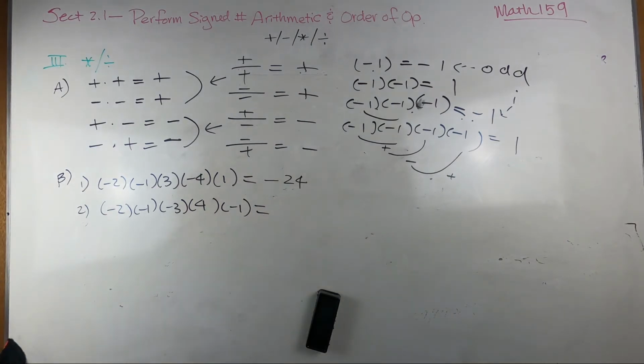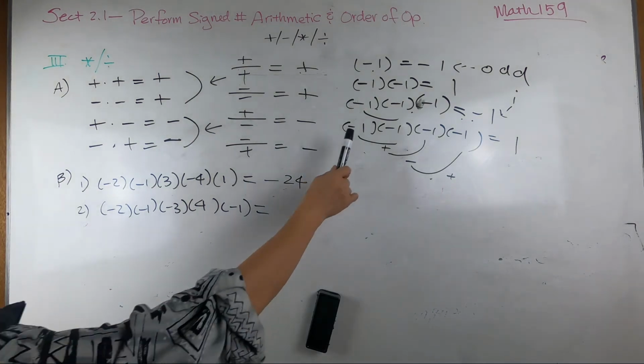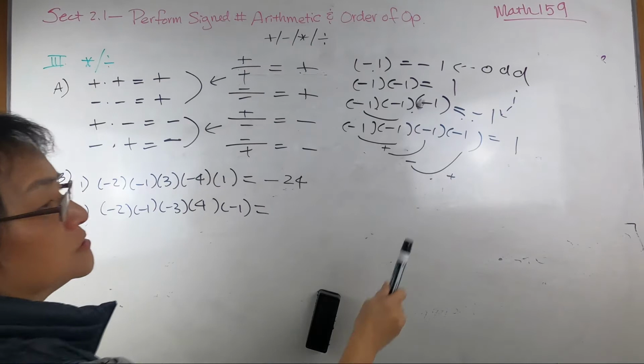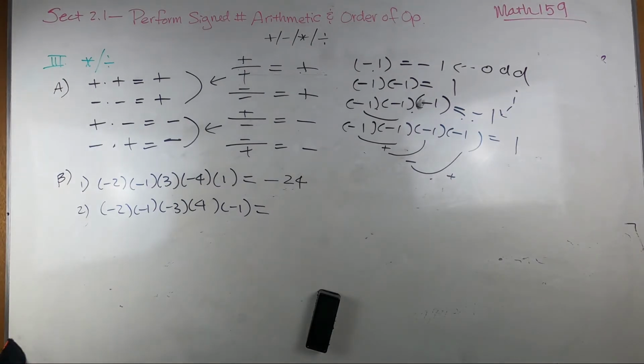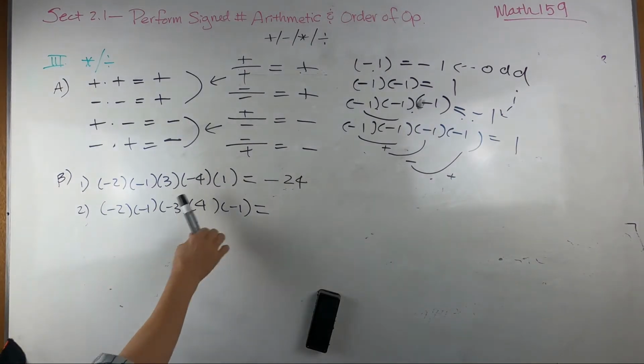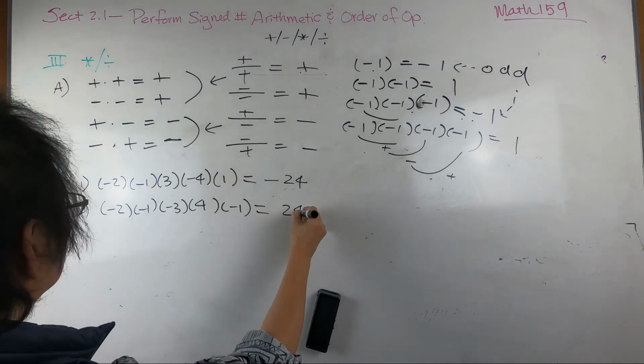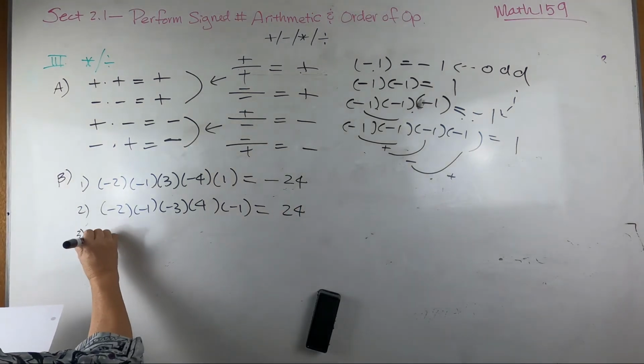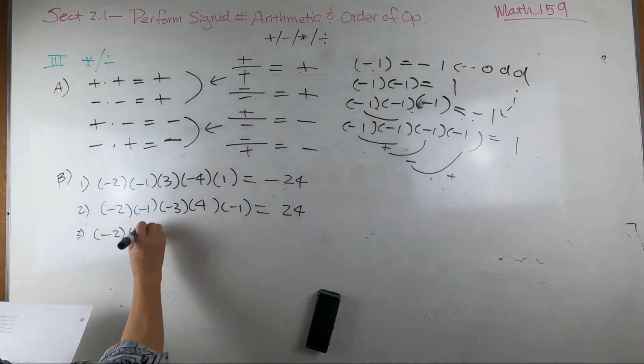Okay, for the second one, how many negatives do we have? 4 of them, even number. Even number of negatives, so you should get positive. Then you multiply the numbers, 24, that will be +24. Is that right?